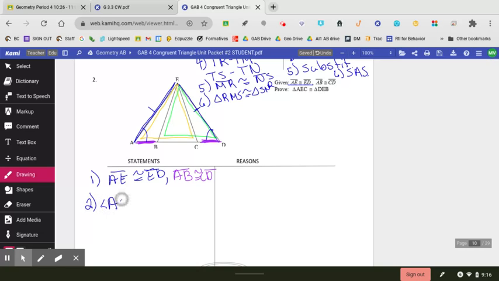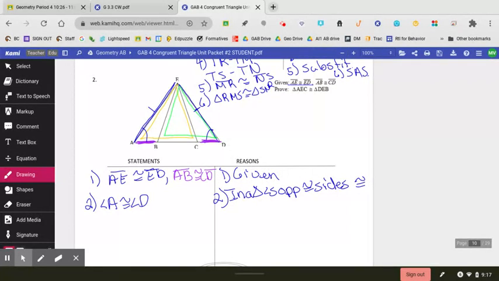So I'm going to say angle A is congruent to angle D, and that's because in a triangle, angles opposite congruent sides are congruent. I forgot to write given up here. So in my yellow triangle, compared to my green triangle, I now have a side and an angle. To prove them congruent, I need either another side or another angle.